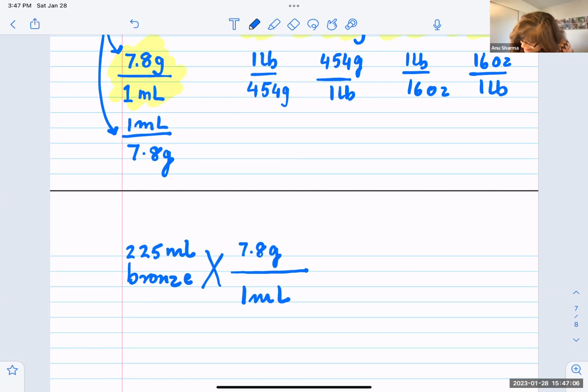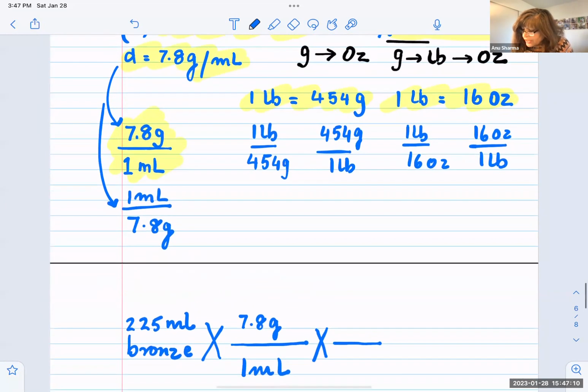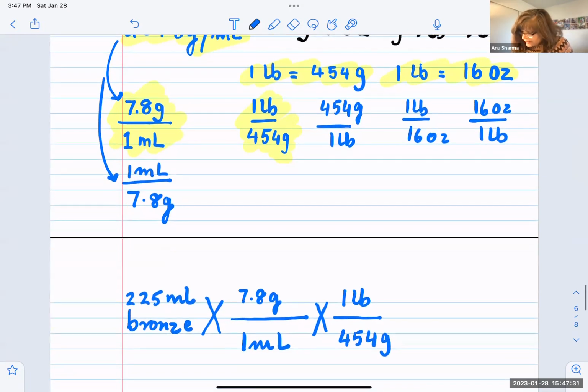Next is convert the grams to pounds. Remember, this is our strategy, grams to pounds and then to ounces. So here, what conversion factor will you use? Something that cancels out the grams, right? The thing that you want is going to be on the top. So here you have 1 pound over 454 grams. So this cancels out the grams.